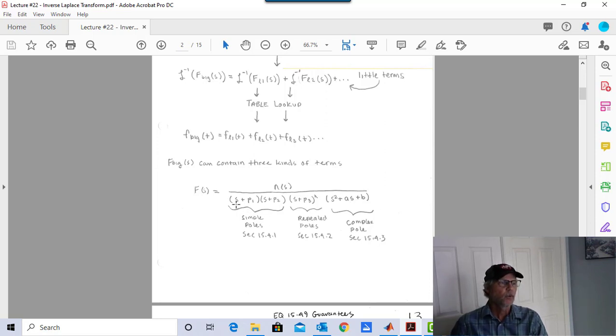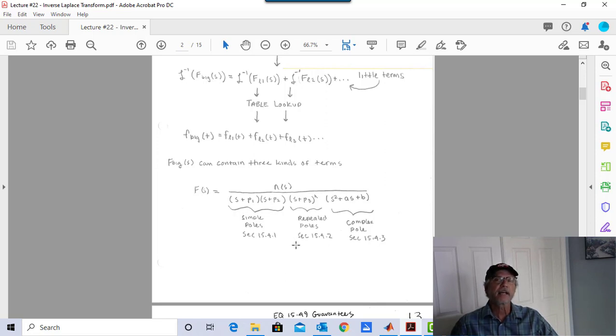So we'll call these simple poles: S plus P1, S plus P2. If we were going to plot these poles, or plot the roots, on the complex plane, these would be on the negative real axis. And we call them simple poles.